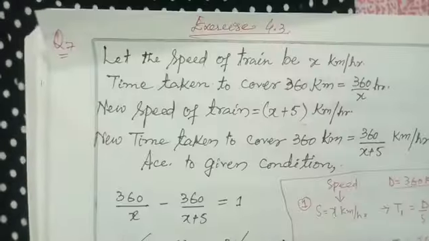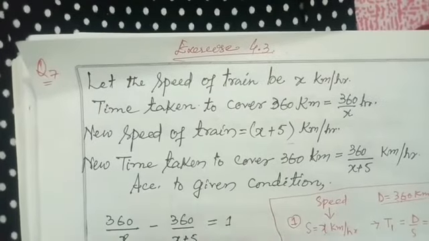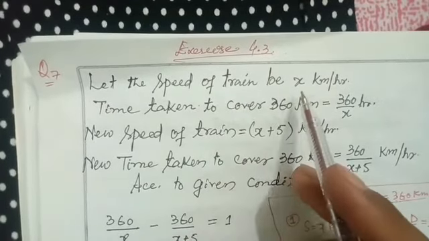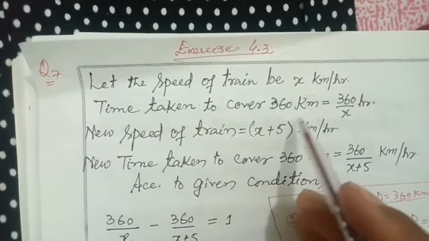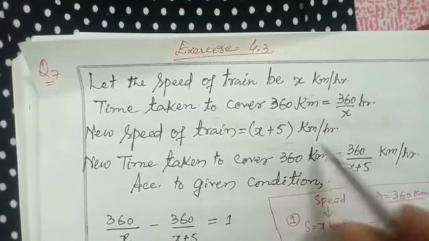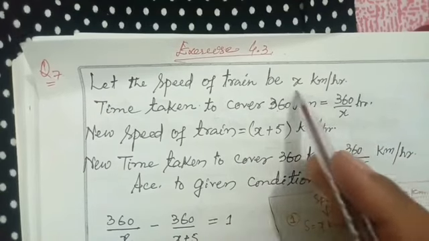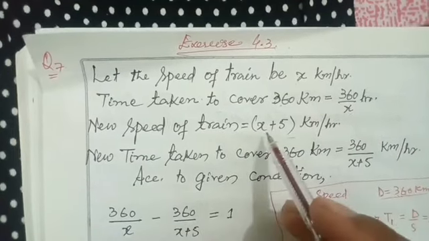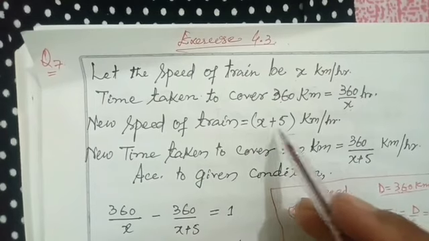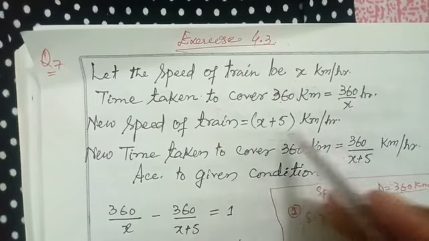Now let's look at the solution. Let the speed of the train be x km per hour. Time taken to cover 360 km is distance by speed. That is, distance is 360 and speed is x. New speed of the train is x plus 5, as I explained before.